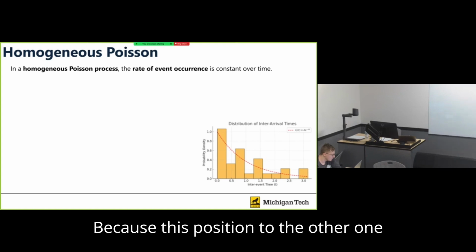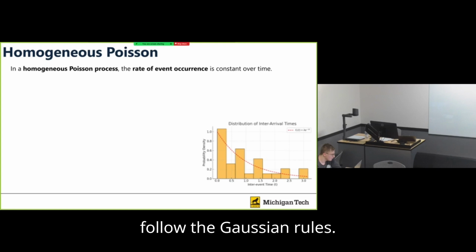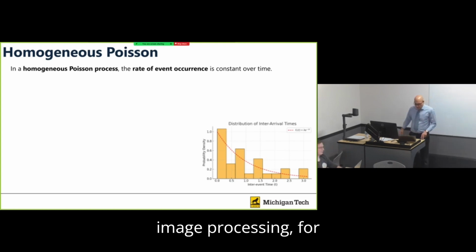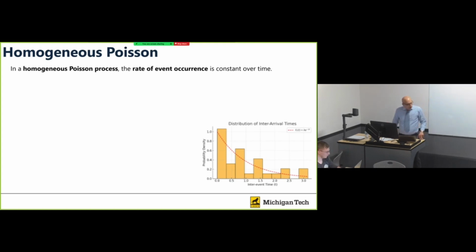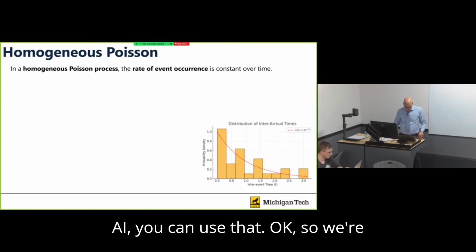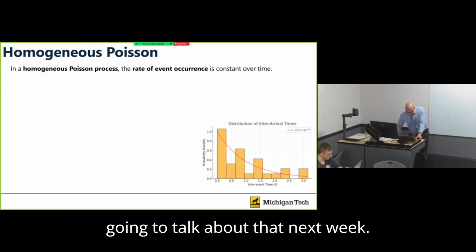Why Gaussian? Because the position relative to the other one follows the Gaussian rules. And for image processing, robotics, there are so many applications. For AI, you can use that. Okay, so we're going to talk about that next week.